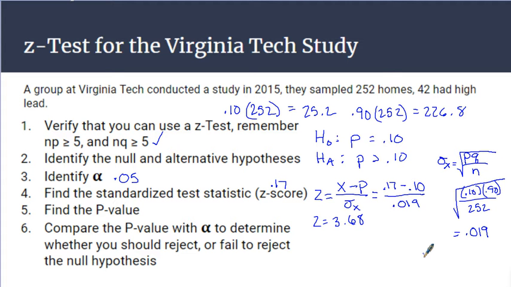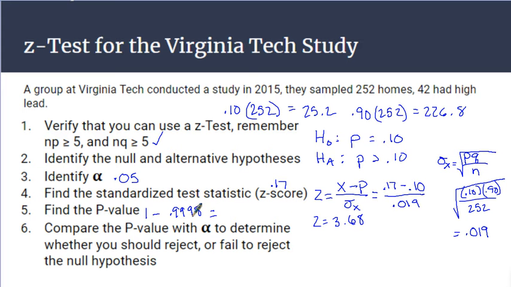Then we need to find the p-value. If you look on your z-table, it only goes up to 3.49. So I wouldn't give you a problem like this on an assessment, but I'm going to tell you that the value from the table for a z-score of 3.68 would be 0.9998. So our p-value, remember, is going to be 1 minus that number because our proportion from our sample is greater than the null proportion from our null hypothesis.